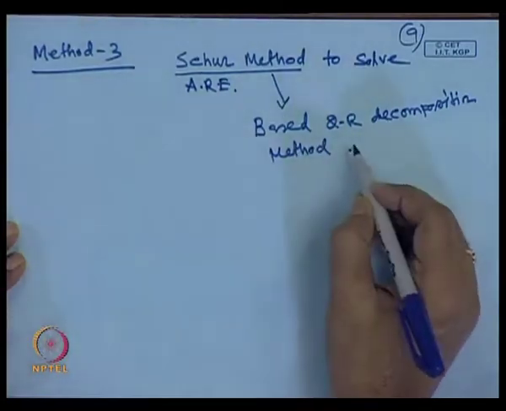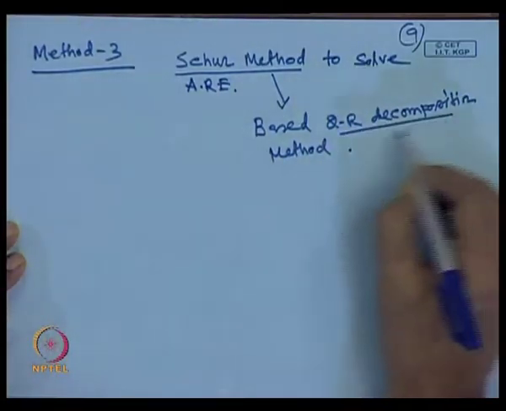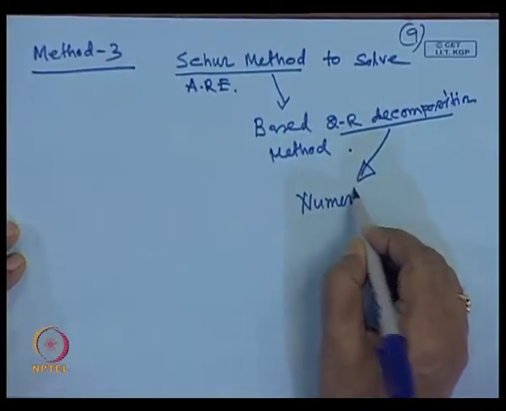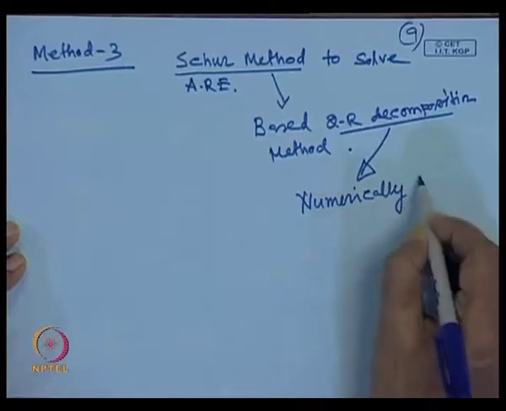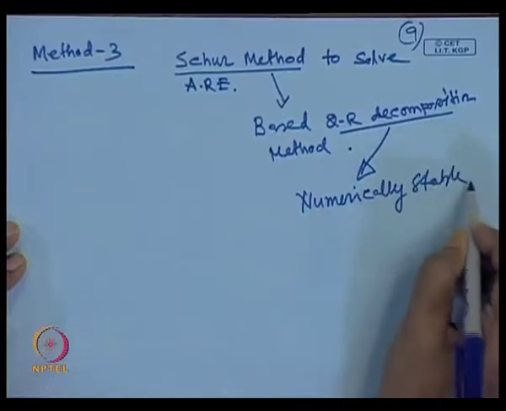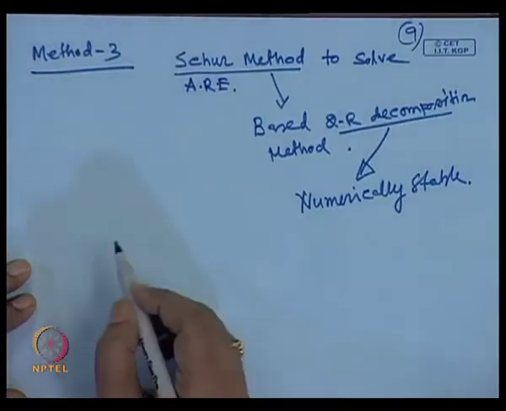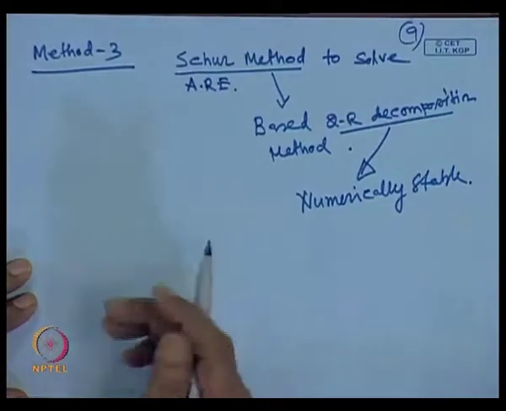That QR decomposition method is numerically stable and more reliable when computing the eigenvectors of this matrix when repeated eigenvalues are there.